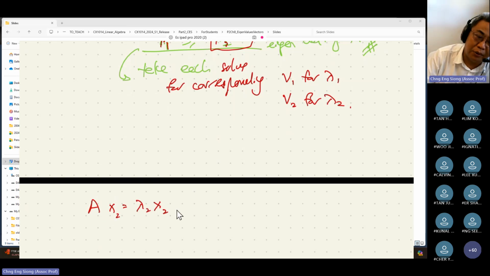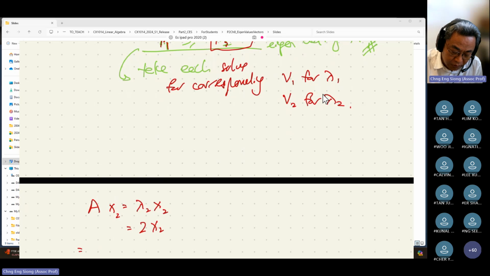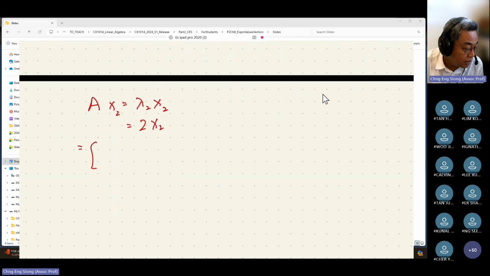Ax2 equals lambda 2x2. We now know what lambda 2 is, because when we started we didn't know lambda 1, lambda 2, x1, x2. But now, with that one little step, we have solved for lambda 1 and lambda 2. So now it's 2x2, and we just need to fill in all these entries: 3, 0, 1, 2.